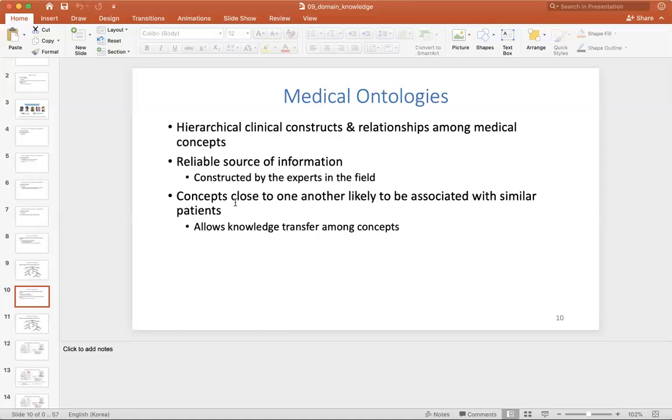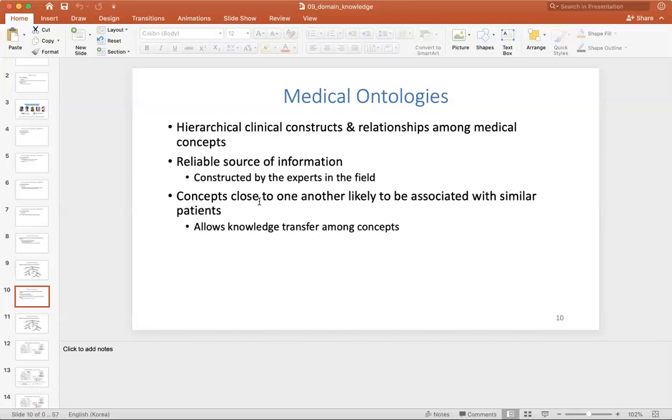Another reason that we propose to use medical ontologies is that concepts close to one another are likely to be associated with similar patients. What I mean by this is that knowledge could be transferred between nodes or disease codes that are located in the vicinity, in the neighborhood.